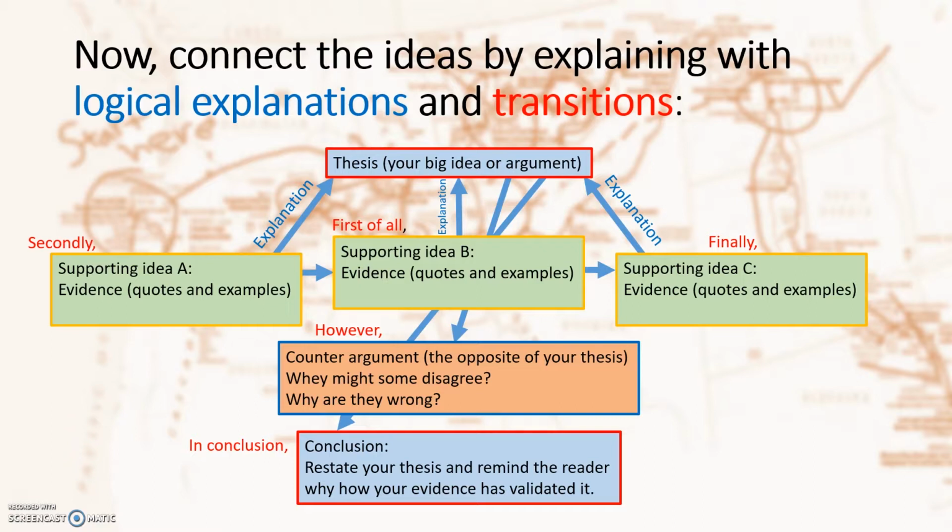Now, I'm also adding things like transitions to let the reader know information like the order that they're supposed to go in to make it flow nicely, but I'm also using some transitions like however to show that I'm going to be offering a contrasting opinion to the original thesis for my counter argument.